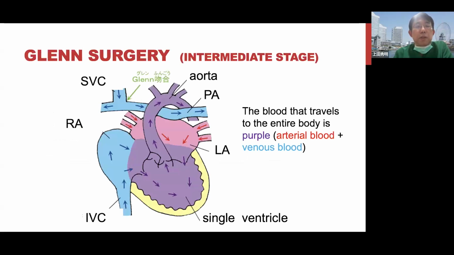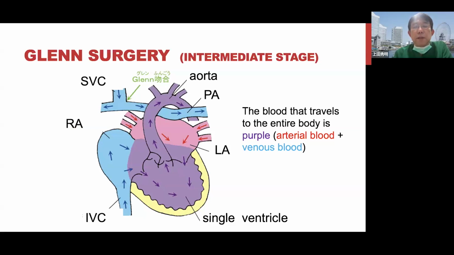This is the picture of the Glenn surgery. The SVC will be connected directly to the pulmonary arteries, and we just leave it alone. So the blood flow from the upper extremities will enter the pulmonary arteries, and then it will go inside to the left atrium.